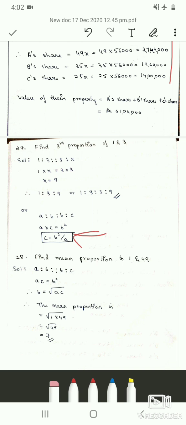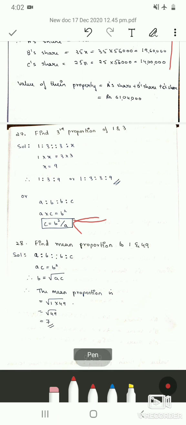So the next question is, find the mean proportion of 1 and 49. Mean proportion is nothing but the middle term in the continued ratio, that is you have to find out the value of B. Again, in this formula, when you take the product of means and the product of extremes, we get AC is equal to B square.